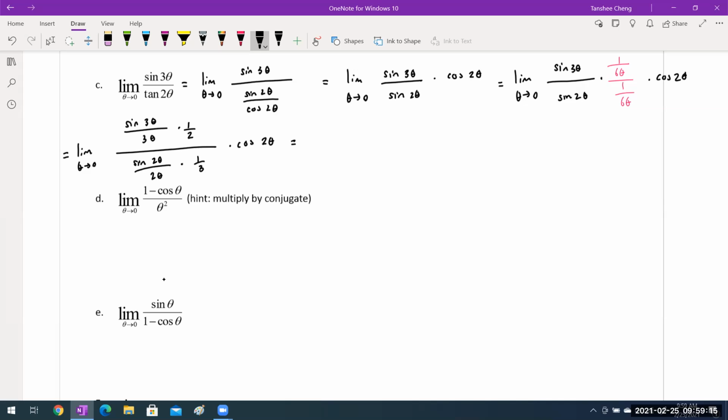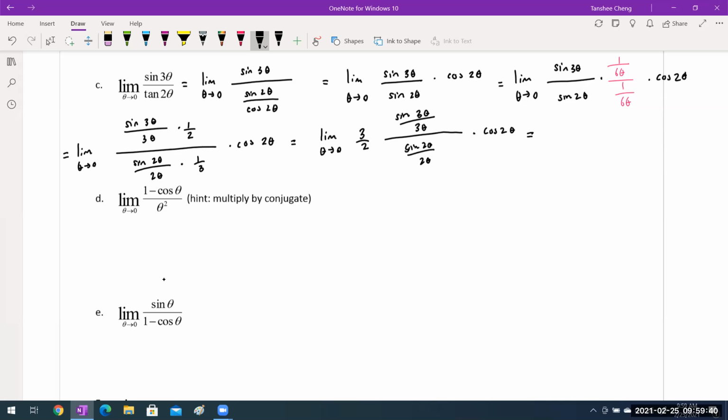So this becomes the limit as theta approaches 0 of 1/2 divided by 1/3, that is 3/2. And then I will have sine 3 theta over 3 theta over sine 2 theta over 2 theta, times cosine 2 theta.